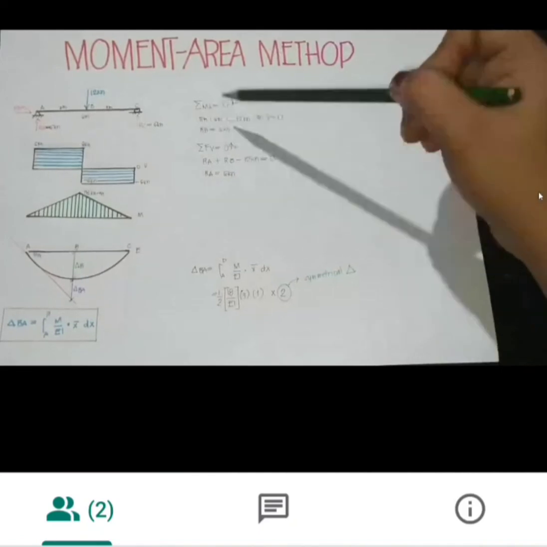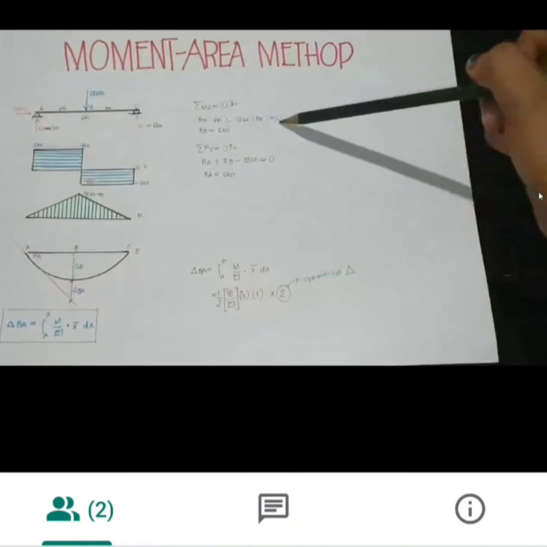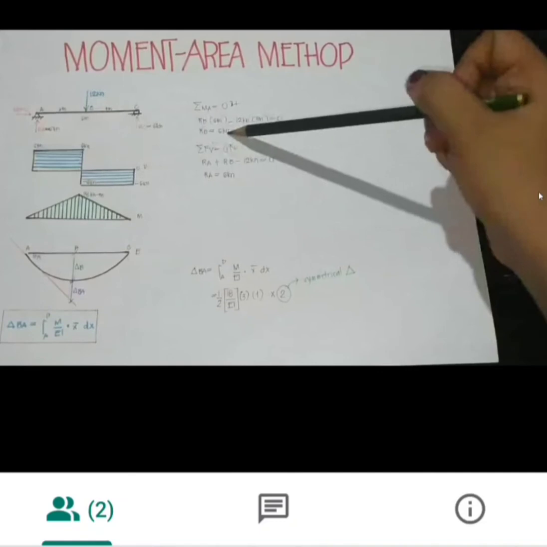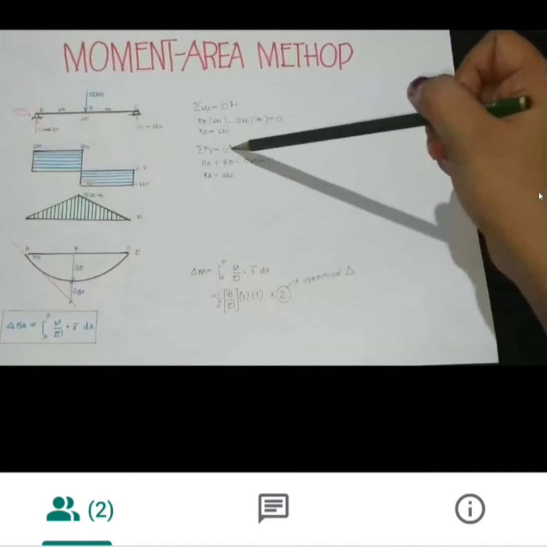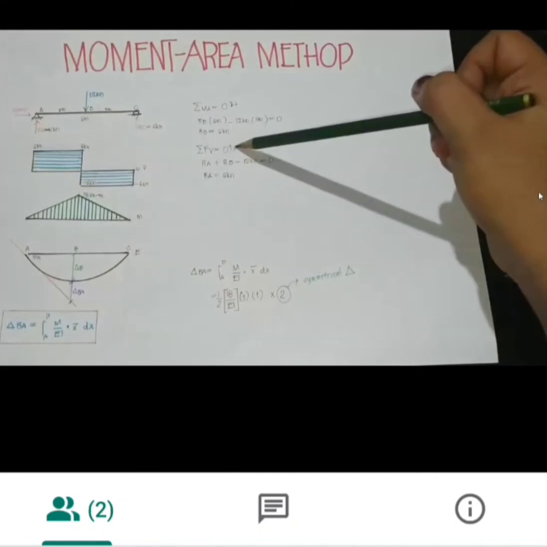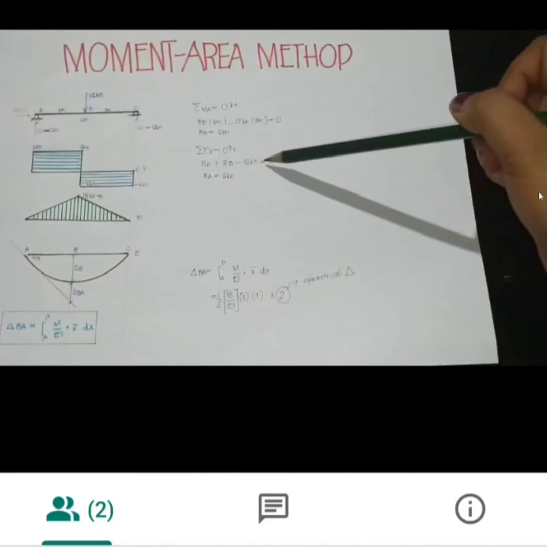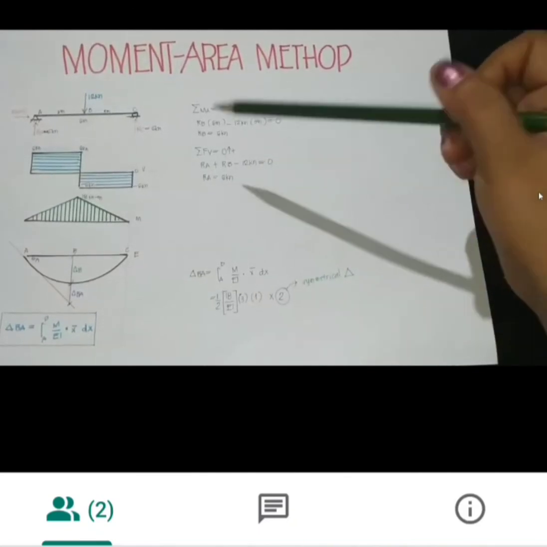So RB times 6 meter minus 12 kilonewton times 3 meter is equal to 0. So RB is equal to 6 kilonewton. Then summation vertical is equal to 0, along the positive vertical axis. So RA plus RB minus 12 kilonewton is equal to 0. So RA is 6 kilonewton.